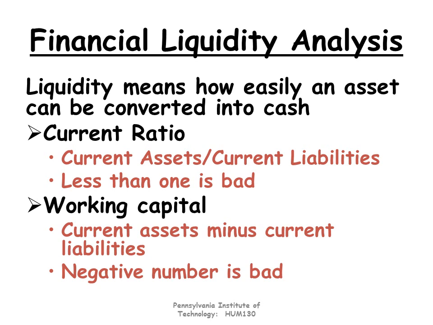And if you have less than 1, that is bad. Another one we look at is working capital. This is current assets minus current liabilities. And if you have a negative number, that is bad. Again, we'll be talking about these analysis numbers in way more detail when we go through the semester.